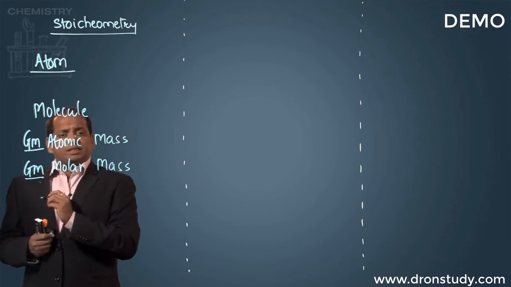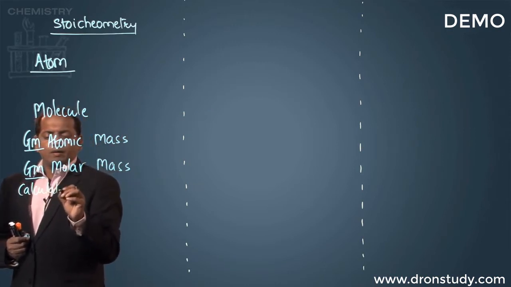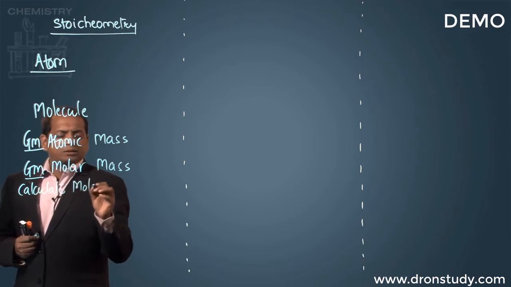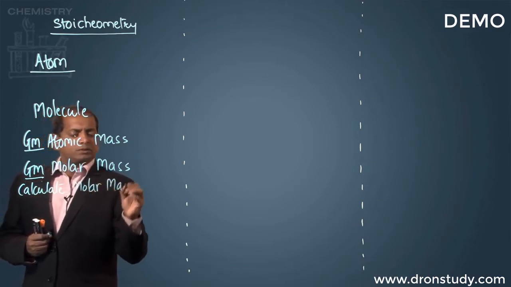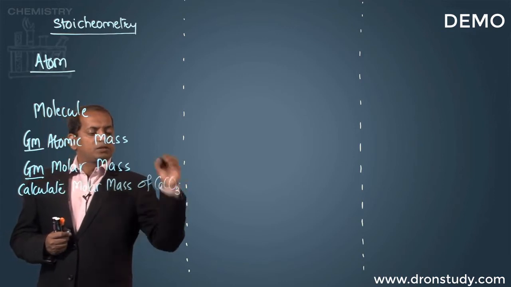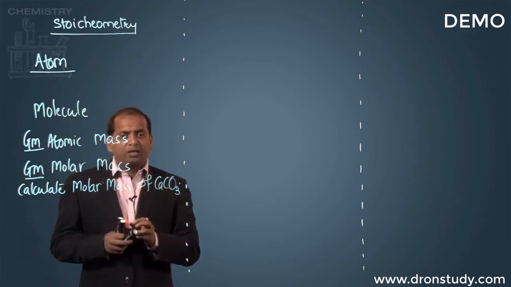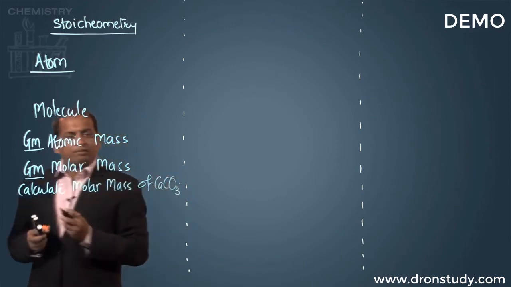So let us calculate the molar mass of CaCO3, calcium carbonate. It's very simple, which we have done in lower classes also. How can we determine that?